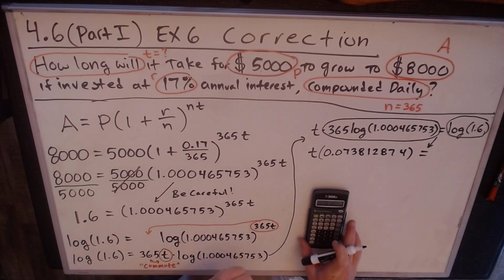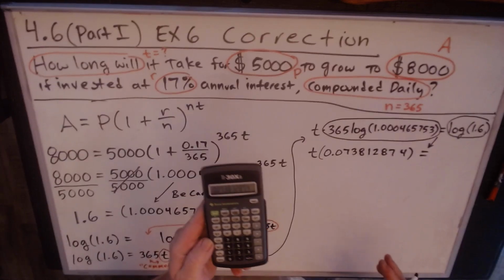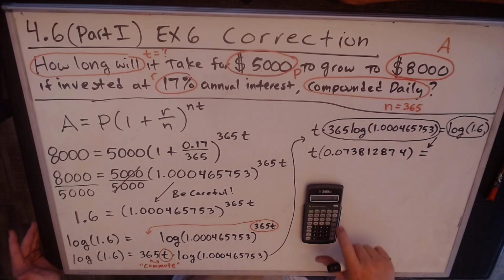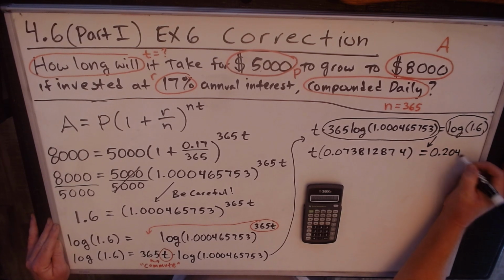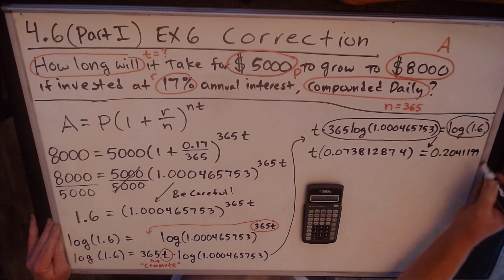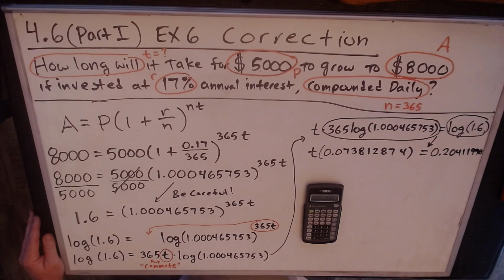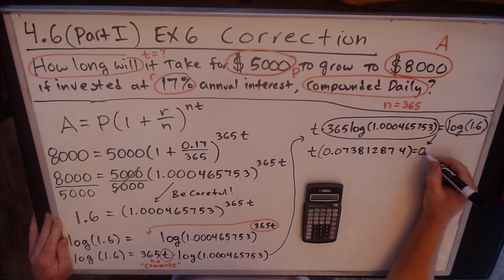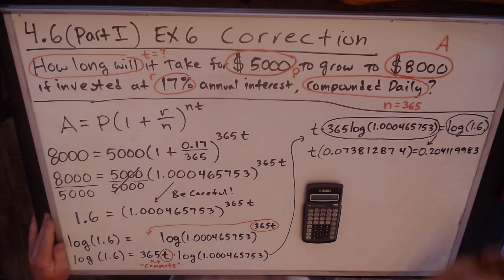Now, if you've got a fancy calculator, you can just save that number in your calculator and not have to delete it. I don't. I'm just going to clear this out and start over again. So I've got 1.6. That's why I'm writing everything down. Then take the log. I get 0.204119983. Probably doesn't matter at that point. Here, let me see if I can squeeze that in. 0.204119983. There we go.